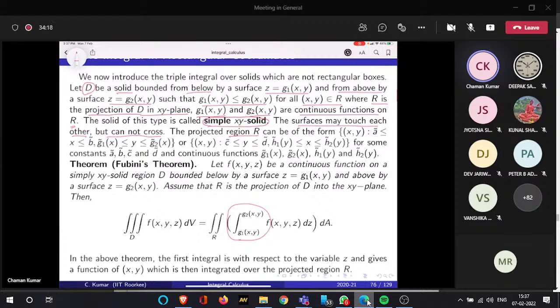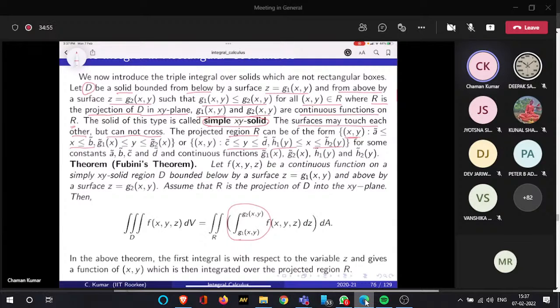So that means I can assume R, the projected region R, can be of the form all (x,y) such that x lies in the interval [a~, b~], y lies in the interval [g1~, g2~], or R can be of the type where y lies in the interval [c~, d~] and x lies in the interval [h1~, h2~].